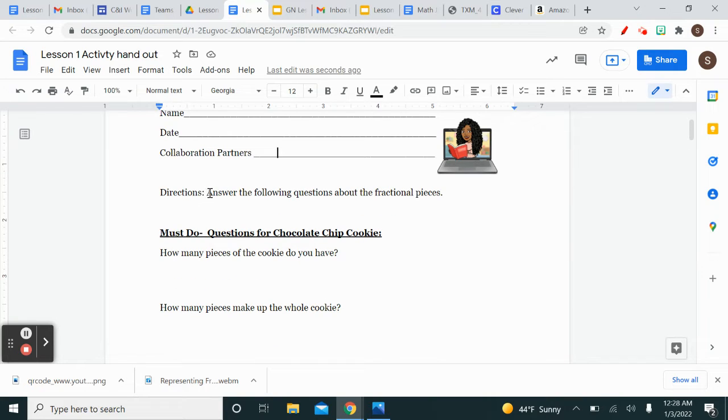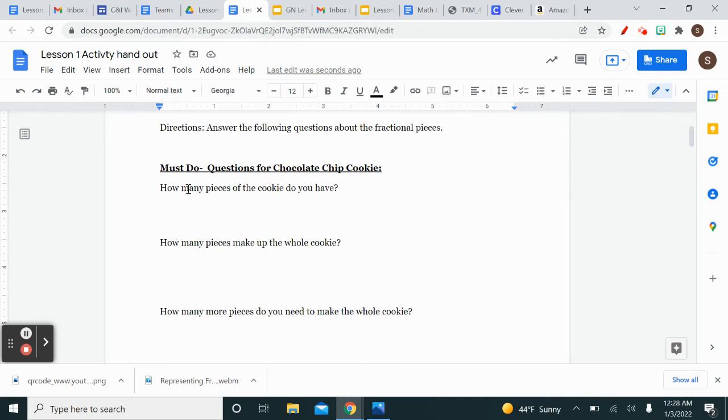So our directions say answer the following questions about the fractional pieces. So the first thing we have is our must do questions about the chocolate chip cookie. So our first question is how many pieces of the cookie do you have?